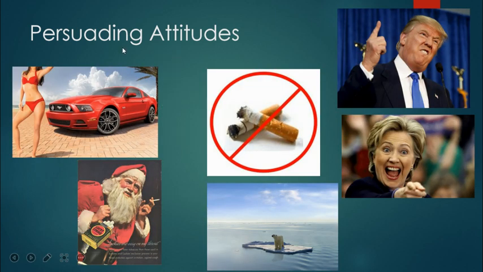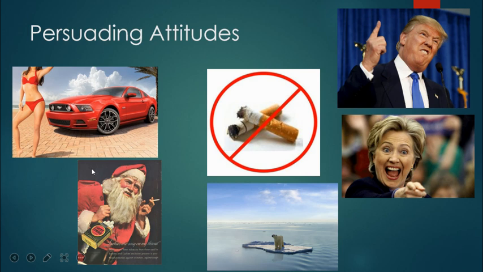All right, some examples here on this slide. We've got the flashy red sports car, and this is something that advertisers do all the time. They try to associate their products with sex appeal. So you've got the flashy red sports car, and you've got the sexy bikini model. The idea or the implication being that if you own this product, you will get whatever it is they're trying to associate with that product.